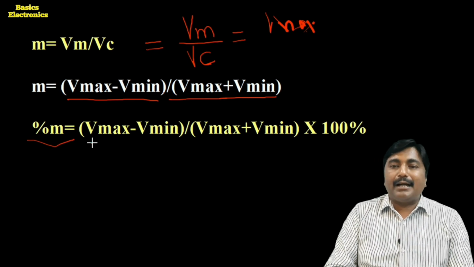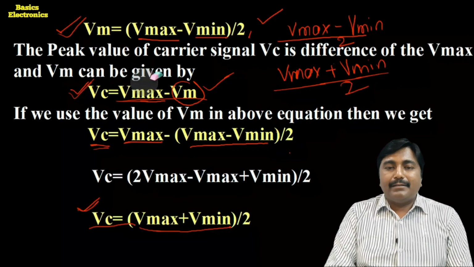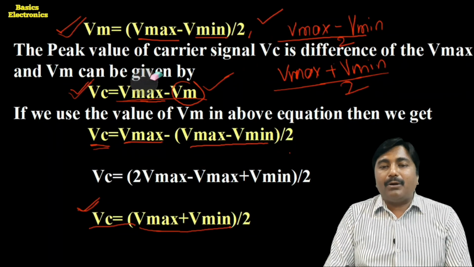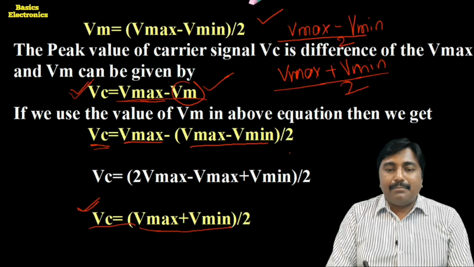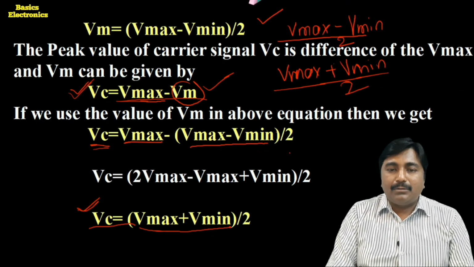Once again, we will see how we find the value of Vm and the value of Vc. Vm is the modulating signal voltage. If we see the waveform, this is the modulating signal voltage Vm, from this point to this point.